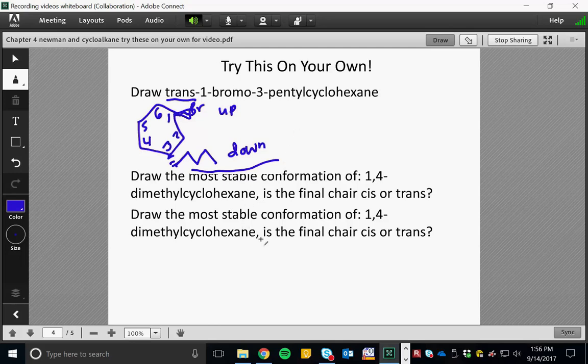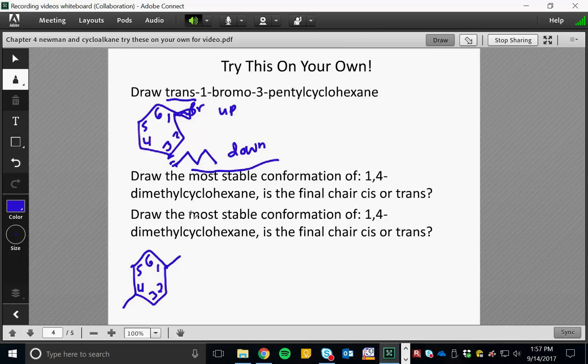Let's try this down below. We're going to draw all of the conformers of this particular molecule. This one is 1,4-dimethylcyclohexane. So let's draw our 6-membered ring again. Whenever y'all do this on an exam, you always want to number your ring clockwise and make sure that your chair is matching. So in the number 1 position, we want to put a methyl, and on the number 4 position, we want to put a methyl.